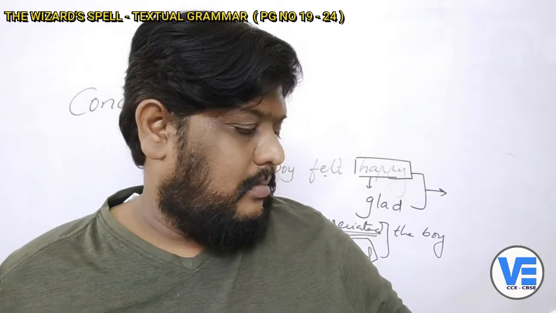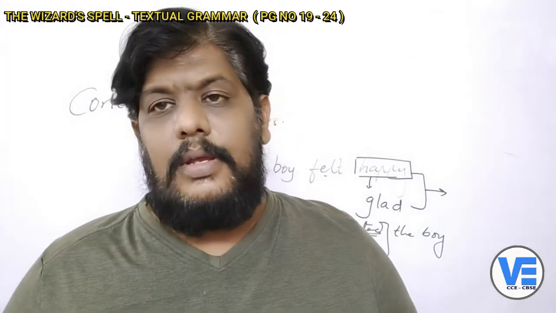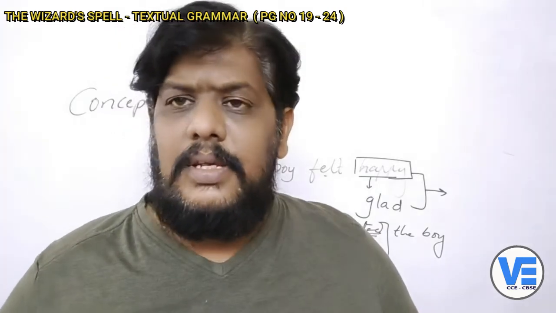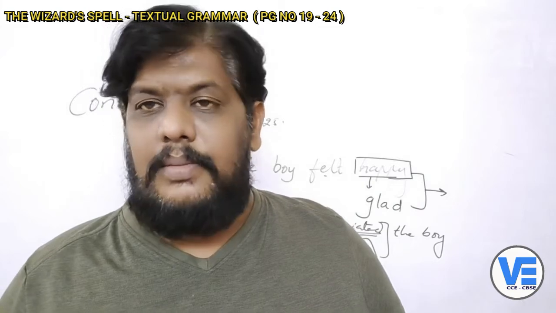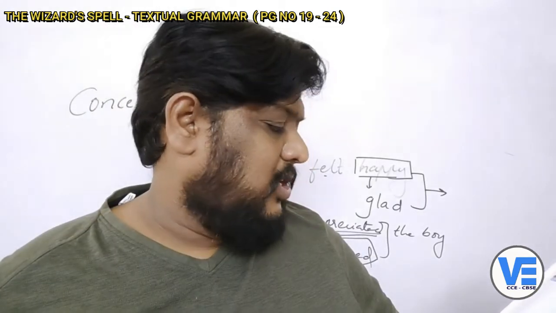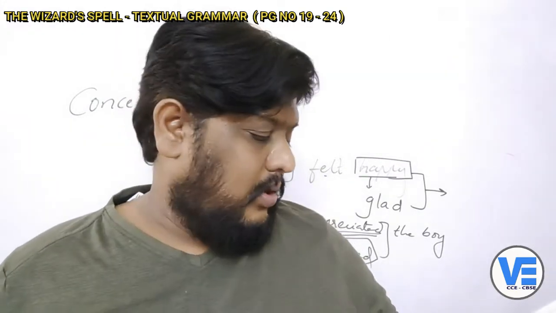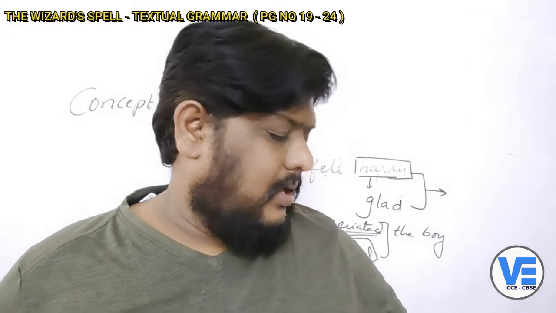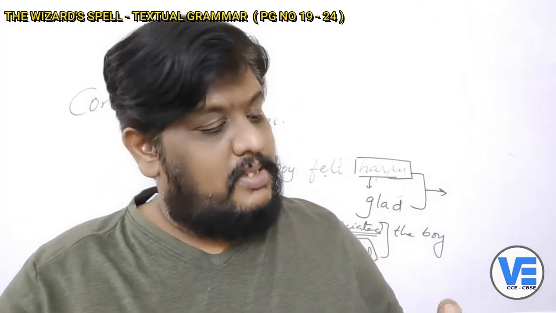If you come to page number 1, the wizard. Can you replace the word wizard? Yes, you can replace it with magician. So magician will be the synonym. Like that, if you take strange, unknown, rare. Like this, you can make new synonyms and write 10 such synonyms.